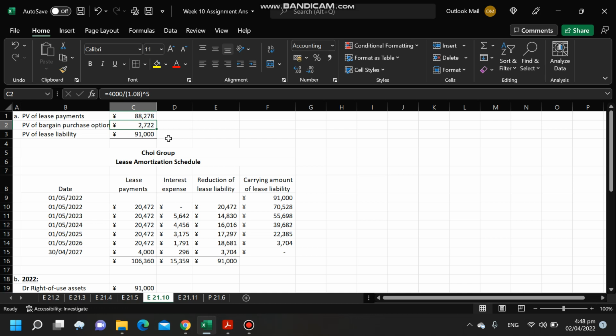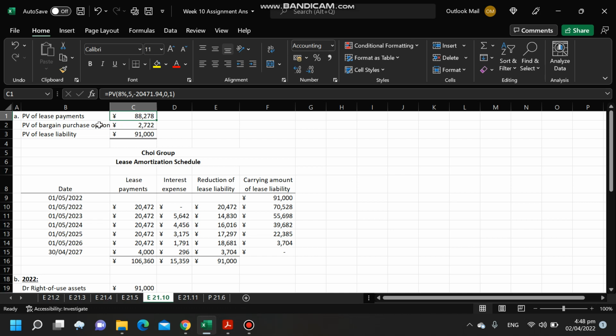This is quite similar to the difference between the guaranteed residual value and the expected residual value. For the present value of the lease payment, just use the present value formula, like the way you put the numbers inside. The present value is 88,278.